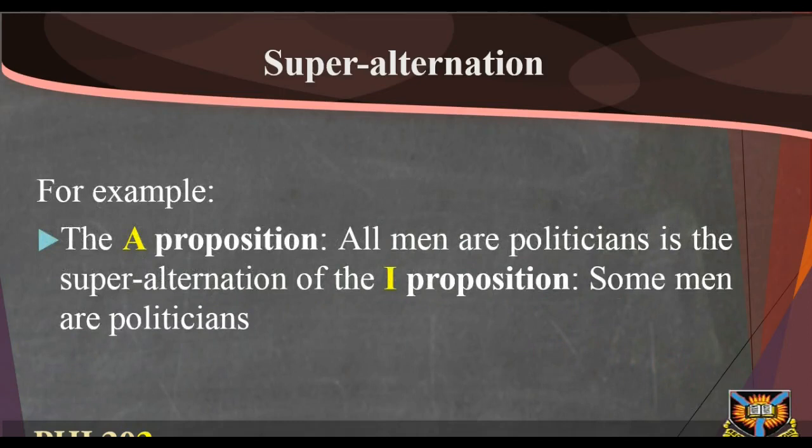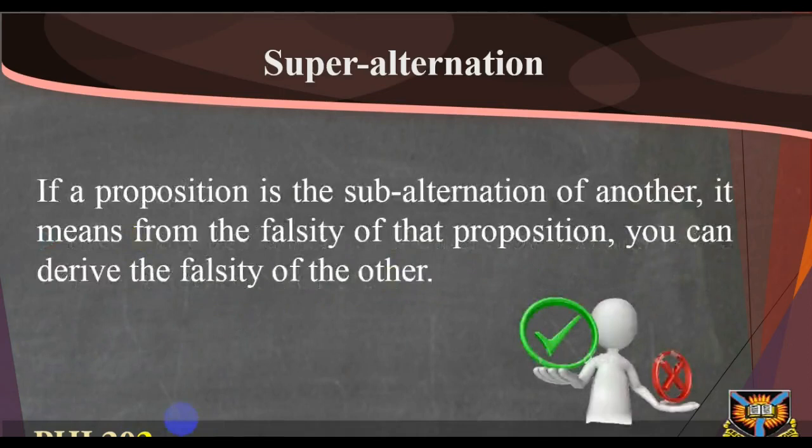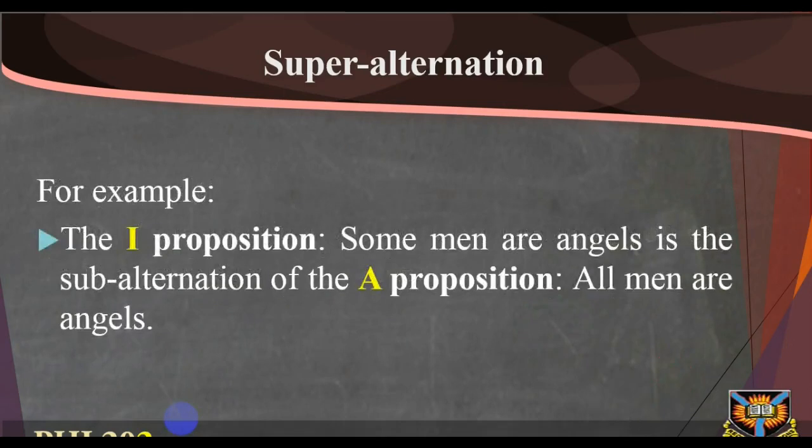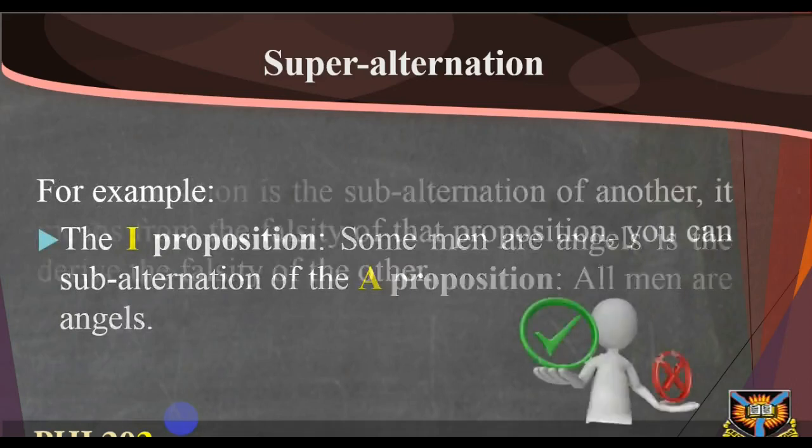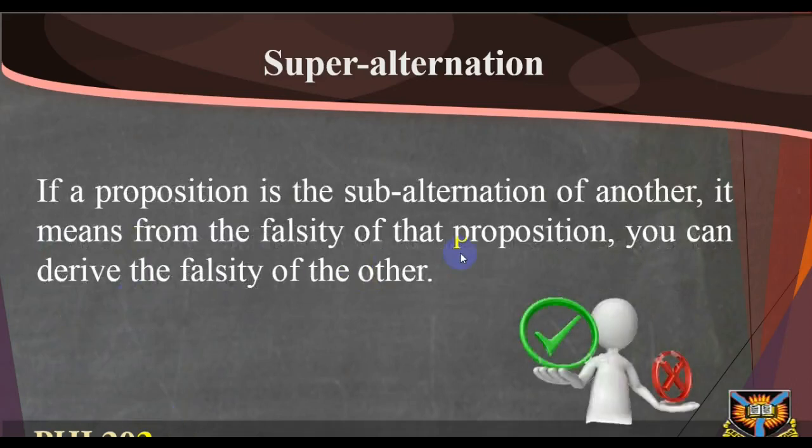5. Subalternation. If a proposition is the subaltern of another, it means from the falsity of that proposition, you can derive the falsity of the other.